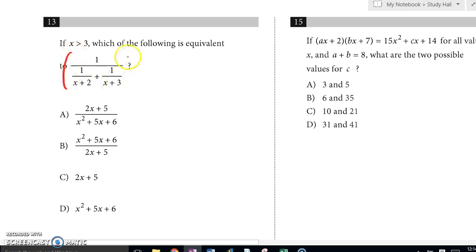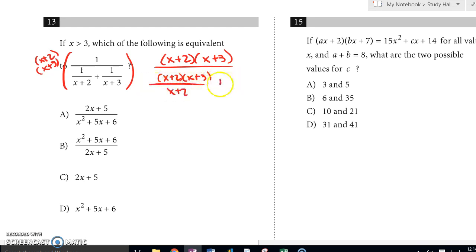So what we're going to do is multiply by x plus 2 and x plus 3 so that we cancel out the denominators. So my numerator is going to be x plus 2 times x plus 3. Here, it'll be x plus 2, x plus 3 over x plus 2 plus x plus 2 times x plus 3 over x plus 3.